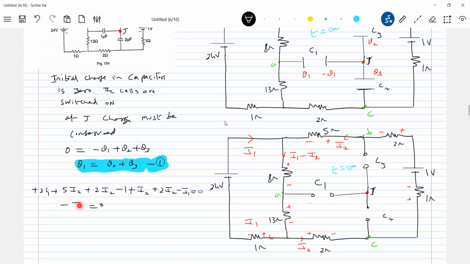Now, what is this path? We have traced it like this from here. Plus 24 plus 5i2 plus 2i2 minus 1 plus i2. Here current i2 will flow.